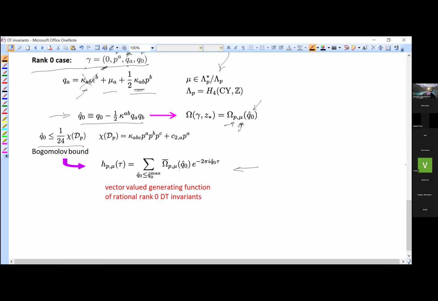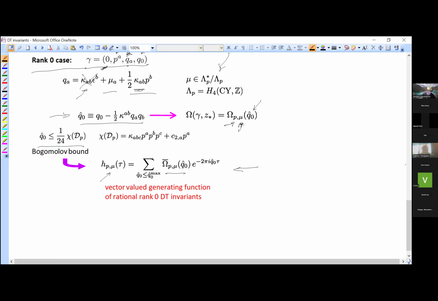And then the claim is that if you sum not the integer DT invariants but the rational version, this generating function, which you see is a vector valued object because it depends on mu, which takes a finite number of values, has very beautiful modular properties. So that's the claim.